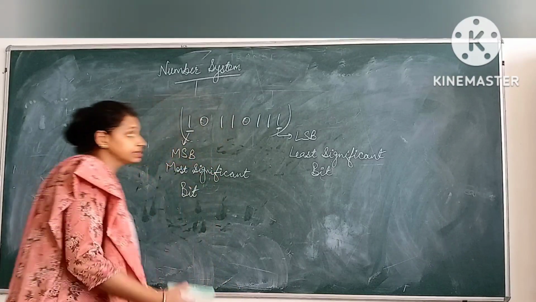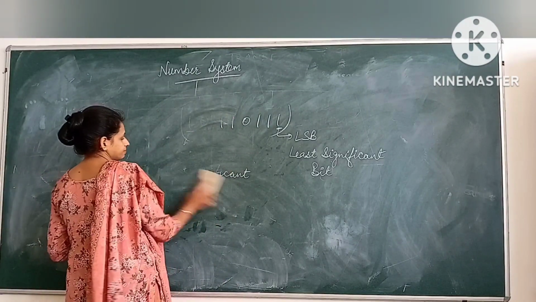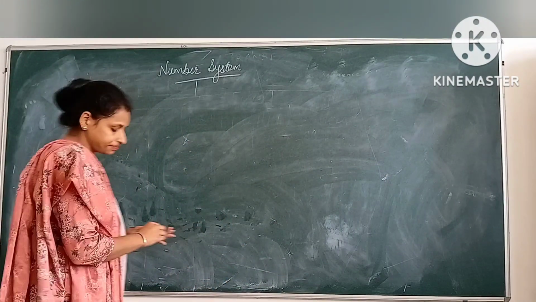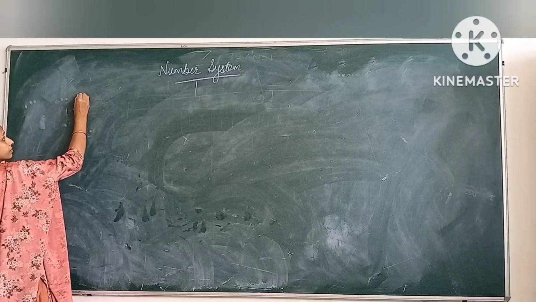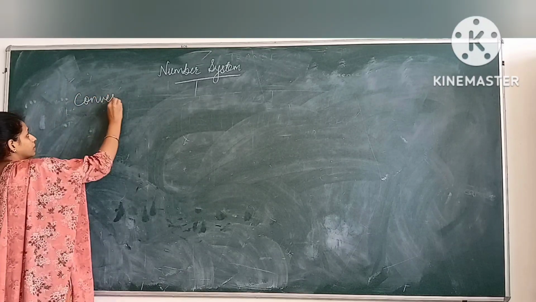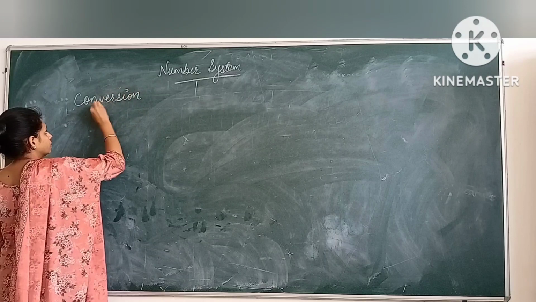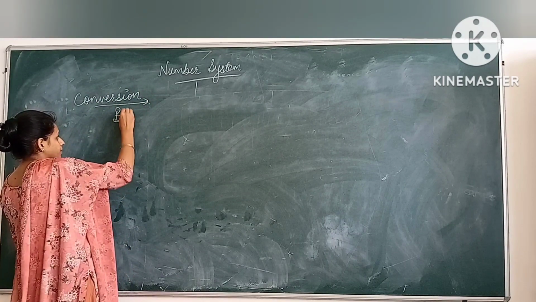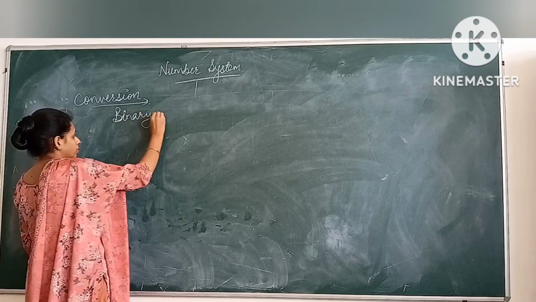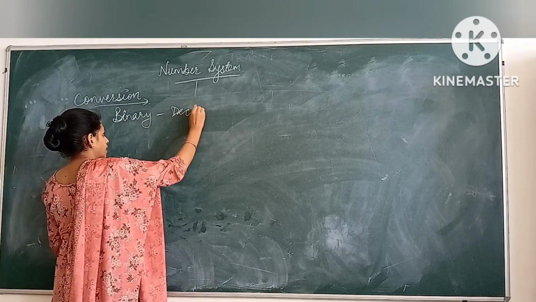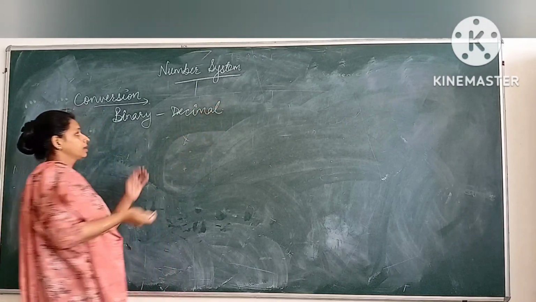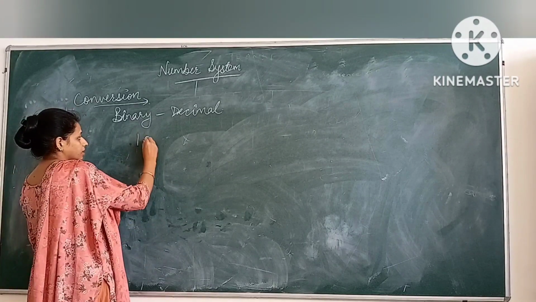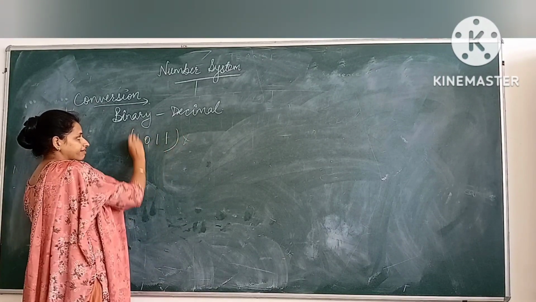So now, start with conversion. First is binary to decimal. This is the binary value.